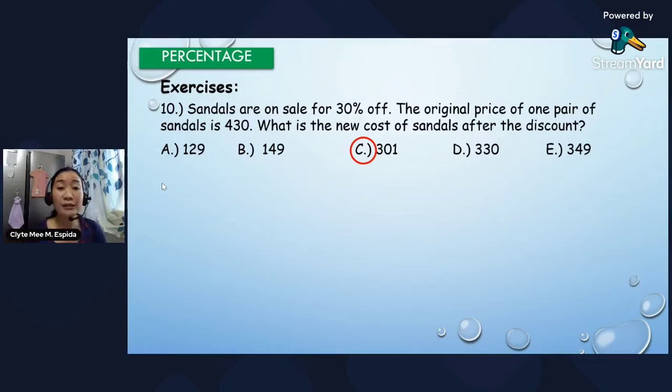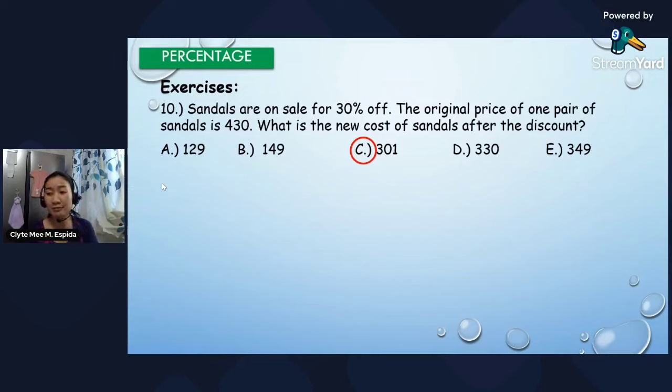So you will have 30% off. You take 30% of 430. That's 129. But that's not the answer. We're going to subtract 129 from 430, and the answer is 301, because it is asked for the new cost, not the discount.